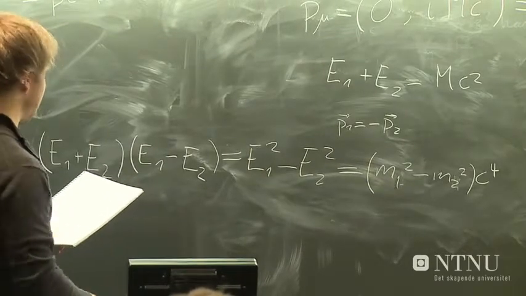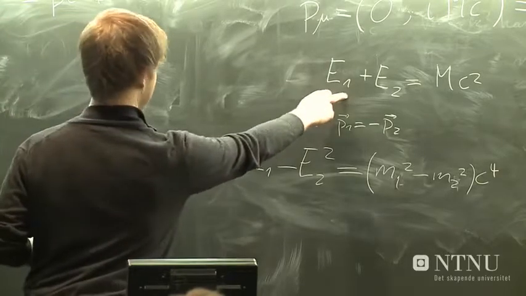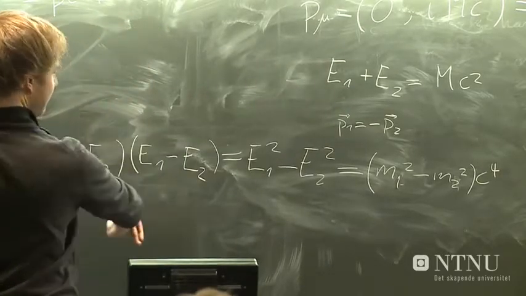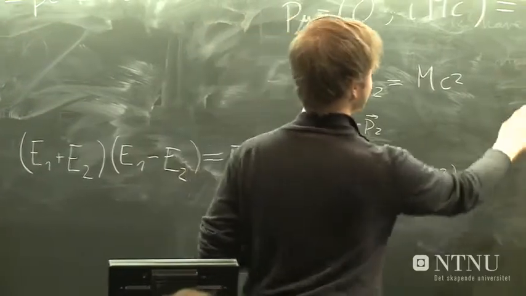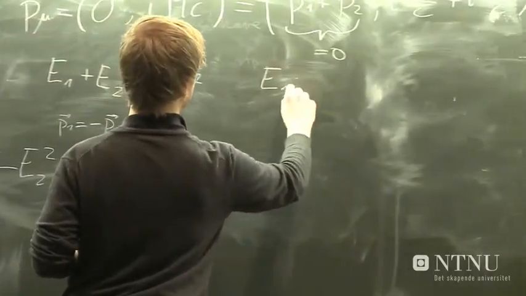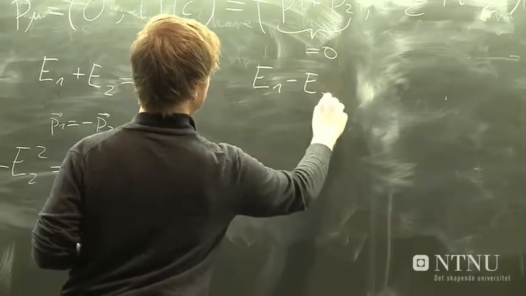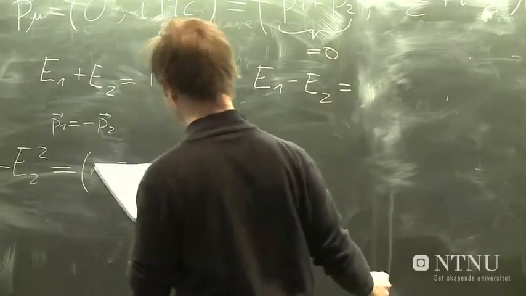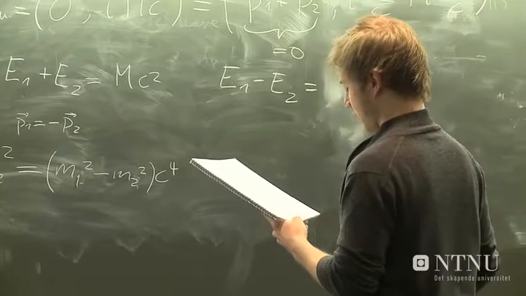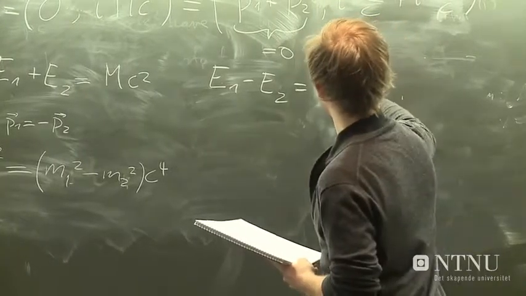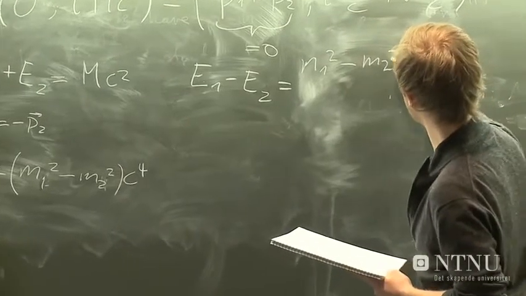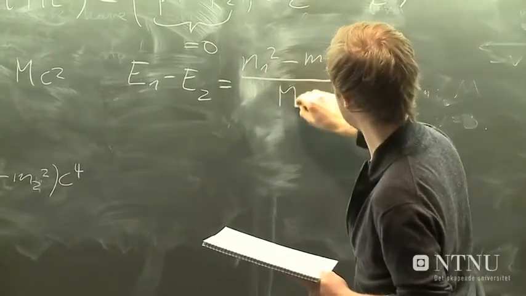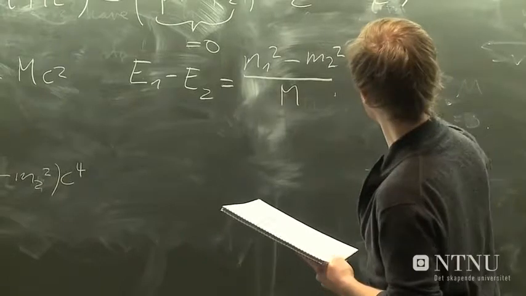So now, if we insert this into here and solve, we get E1 minus E2 equals (M1 minus M2) squared c squared.